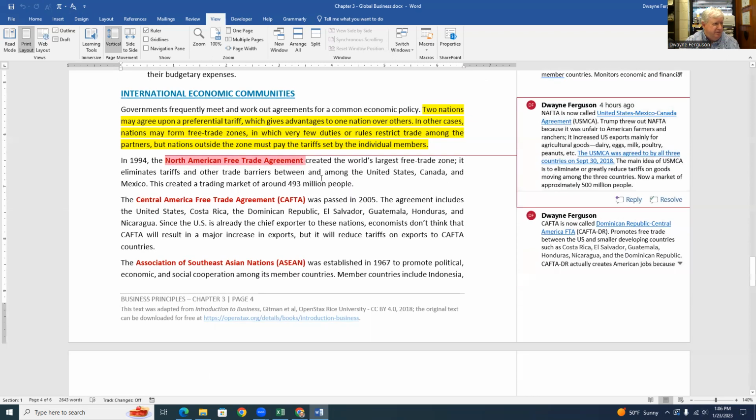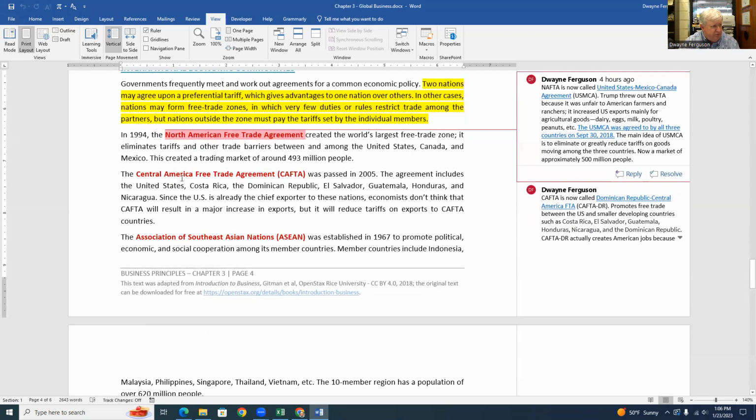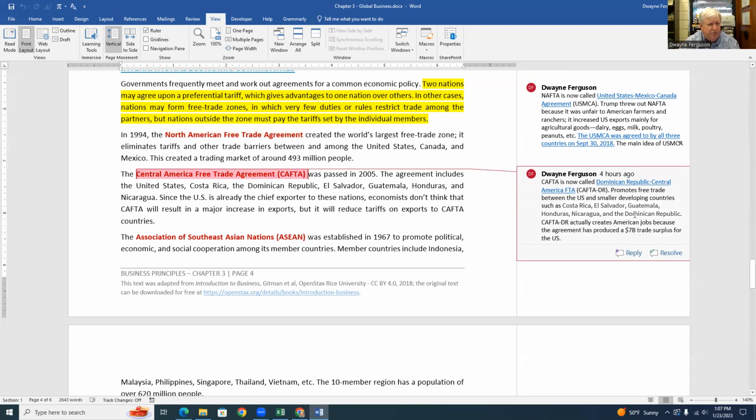There are a bunch of these little groups across the world. So I wrote in several. Here's Central America Free Trade Agreement, CAFTA. Well, it's not that anymore. It's called Dominican Republic Central America Free Trade Agreement. So it's CAFTA-DR. Here are some of the countries that are in it: Costa Rica, El Salvador, Guatemala, Honduras, Nicaragua, Dominican Republic. You might think for the U.S., it's not a big deal, but we have a surplus with these countries now.